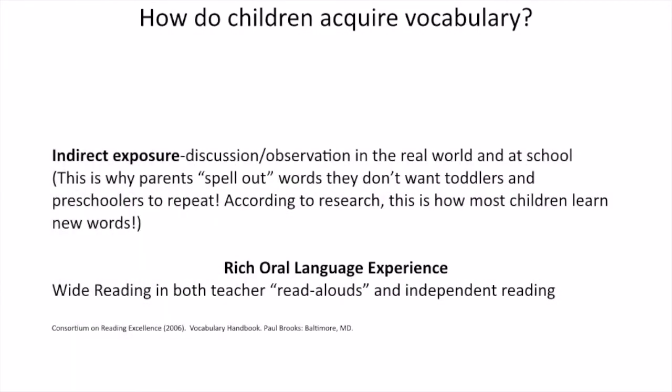How do students add new words to their vocabulary banks? If you have spent time with any child, you will find that most absorb new words like they are little sponges. They are often trying to produce new words even before they grasp their meanings. Indirect exposure refers to the vocabulary experiences that happen in daily life. Words that students hear in conversation or they hear read aloud to them.